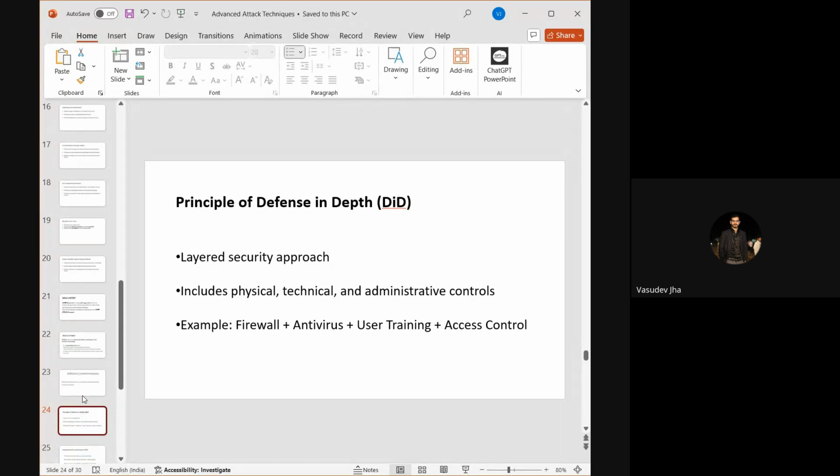So that is administrative control. For DID, we need to include all these. For example, firewall is related to physical, antivirus is technical, user training and access control are administrative.